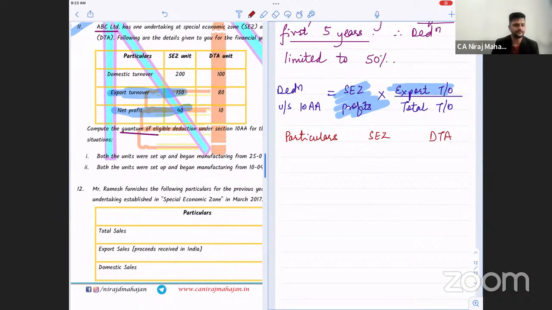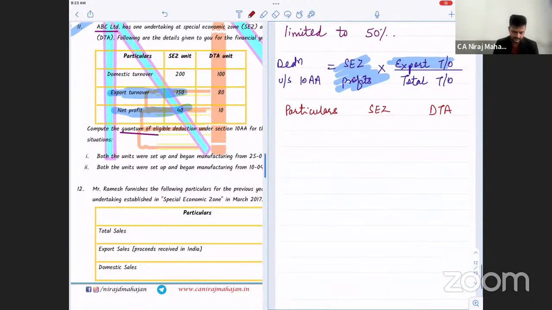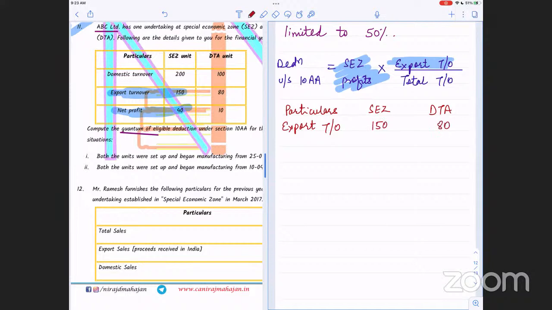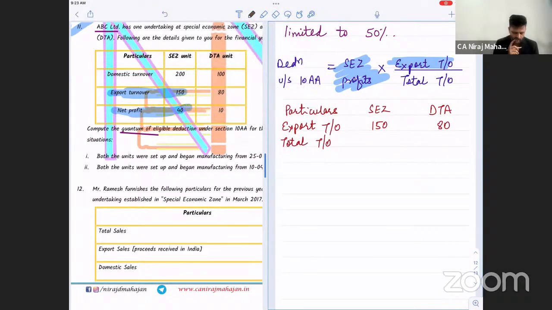and DTA. How much is the export turnover? 150 and 80. Total is, bacho, obviously what, domestic plus export, no?